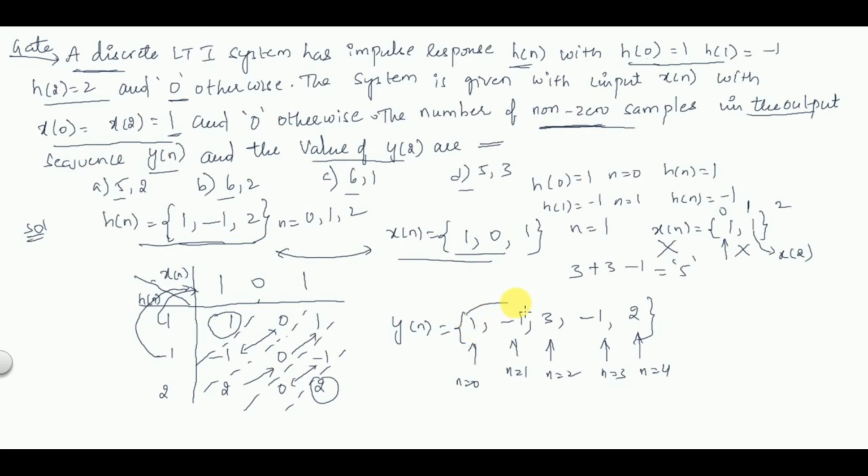If you observe, each and every sample is non-zero, so the total number of non-zero samples of y of n is 5. He has also asked for the value of y of 2, which is y of n at n is equal to 2, and its value is 3. So 5 comma 3 is the answer, that is option D.